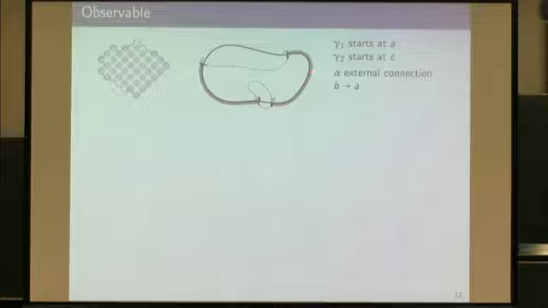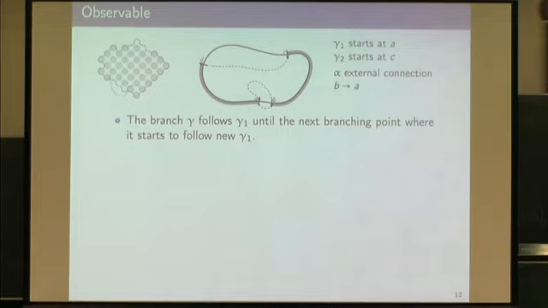I call gamma 1 the one which starts from A, and gamma 2 the one which starts from C. And then there is this external connection between B and A. So if we go in from B, we come out from A. And then this branch, as I defined it, will follow this gamma 1, except that when it turns away from the point D, then we have this branching and we jump to the next loop. So there's some new gamma 1.